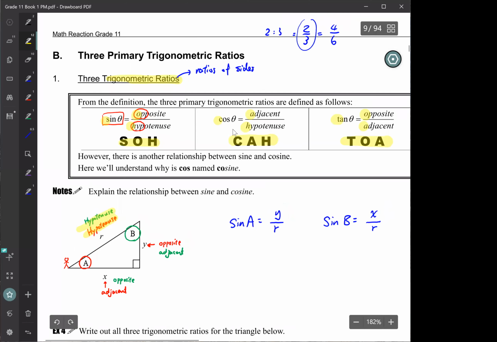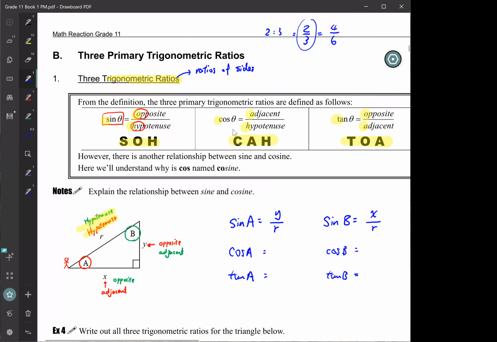Okay, so let's write down the three ratios then. So cosine A, tangent A, okay? And then cosine B and tangent B. When you finish this part, can you raise your hand?